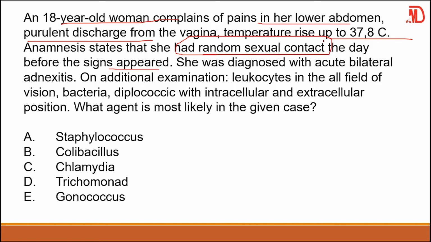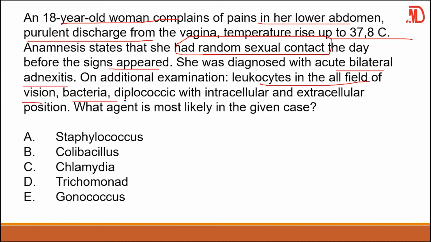And if you have unprotected sex, you can develop an STI, sexually transmitted infection or venereal diseases. Now, she was diagnosed with acute bilateral adnexitis. That means inflammation of the fallopian tube area. On additional examination, leukocytes in all the field of vision, bacteria.